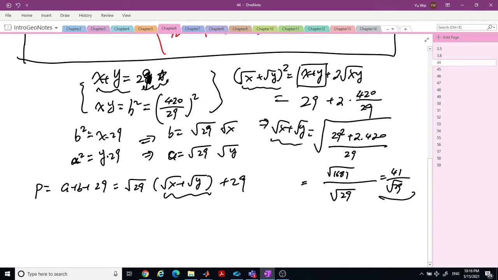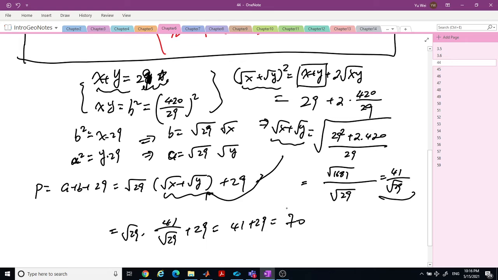Now we can apply this back to here. Then equal to root 29 times 41 plus 29, which is 41 plus 29, which is 70.